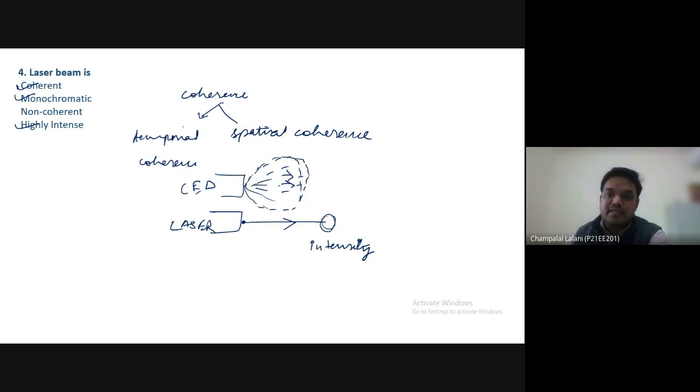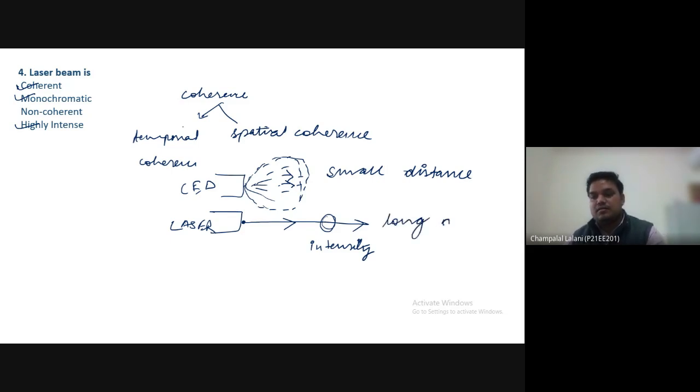So the intensity is very high for the laser. That's why, whenever you want to send data using LED or laser, LEDs are generally used for small distances, whereas lasers are generally used to send data over long distances.